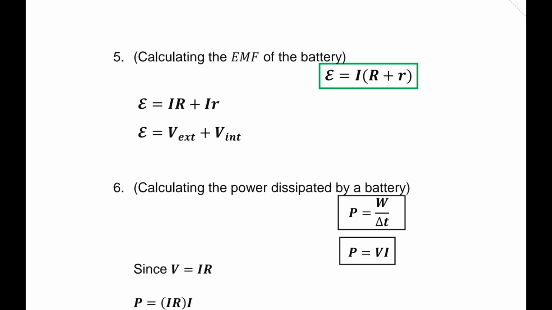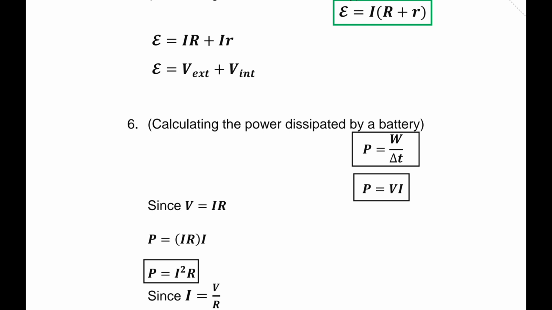The difference is the capital letter R and the small letter r. And then EMF equals voltage external plus voltage internal. Voltage external is IR, current multiplied by external resistance. Voltage internal is current multiplied by internal resistance.